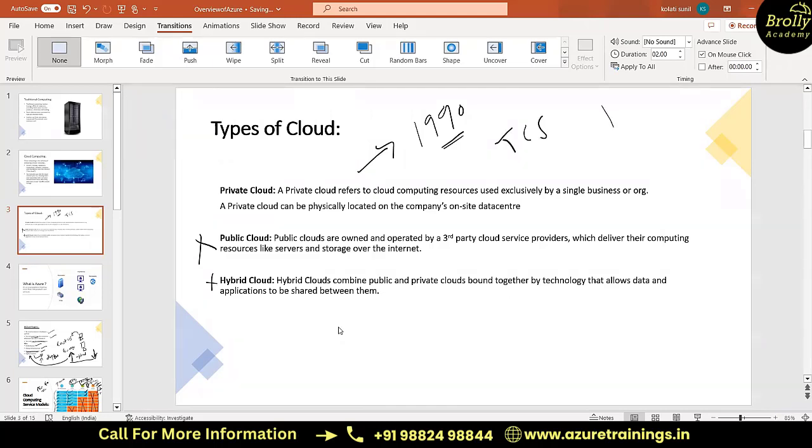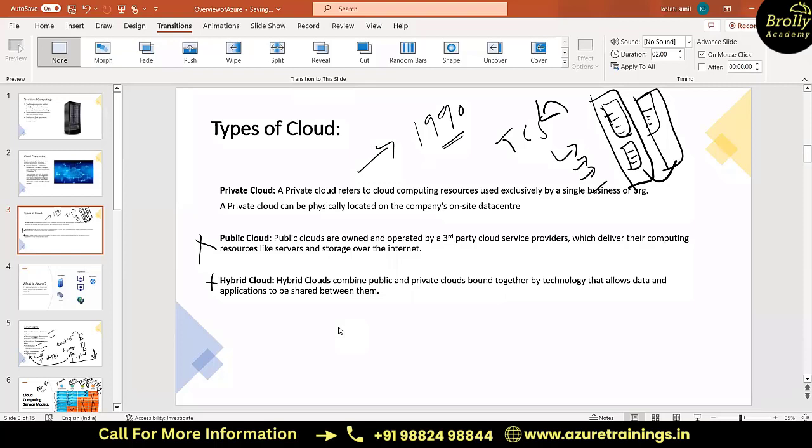They have their own data centers, their own buildings, buildings in the sense data centers. In the data centers, they have their own servers. All the network engineers and database engineers have full control on these data centers, because this entire data center belongs to TCS, right?